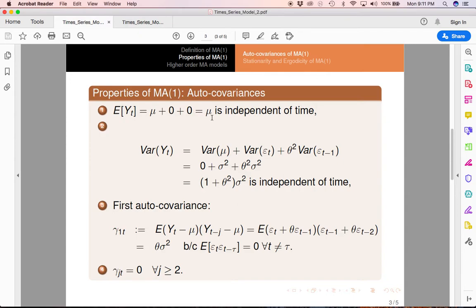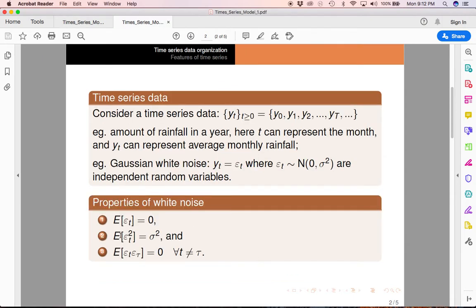Likewise, we could define the second statistical moment, the statistical moment of order 2, which is variance. And again, we could distribute the calculation of the variance to each of these three terms. So variance of mu, which is a constant term, doesn't vary, so this is 0. Variance of epsilon t is sigma squared, because that's how we defined the white noise process, remember?